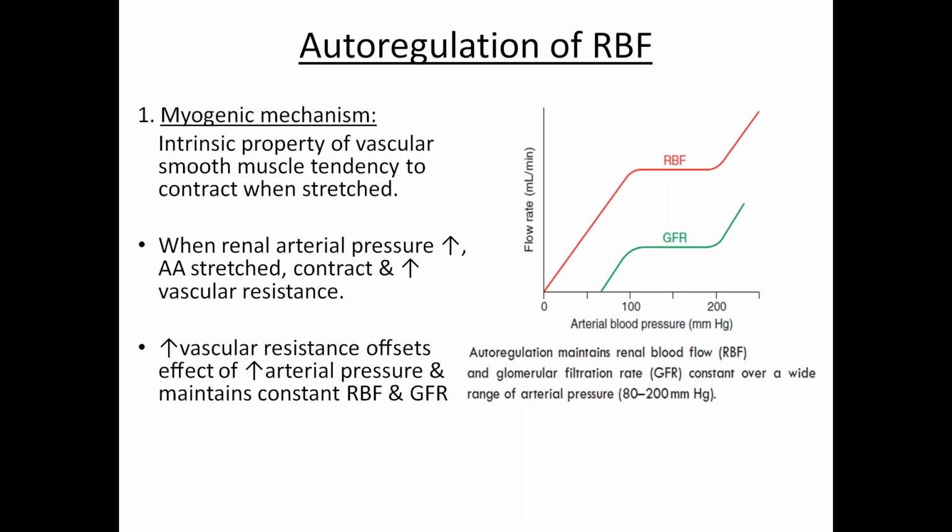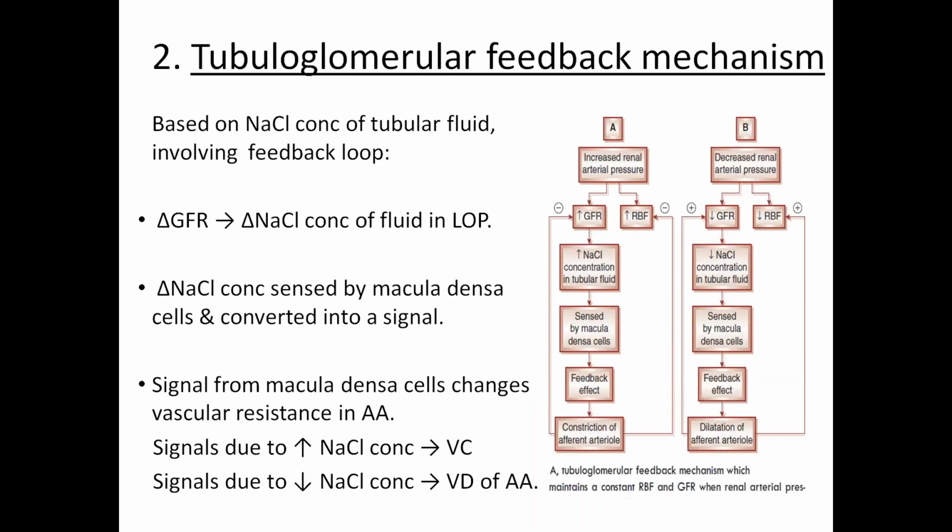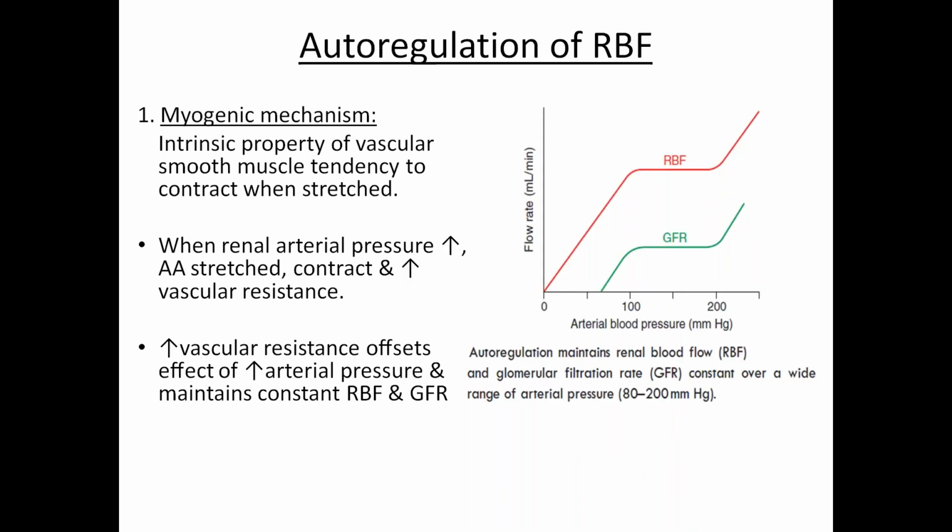And there are two mechanisms, myogenic mechanism and tubulo-glomerular feedback mechanism. The first one is related to the intrinsic property of vascular smooth muscle, its tendency to contract when it is stretched. So when renal arterial pressure is raised, the afferent arterioles are stretched, which contract and increase vascular resistance. Increased vascular resistance offsets the effect of arterial pressure and so maintains a constant blood flow and GFR.